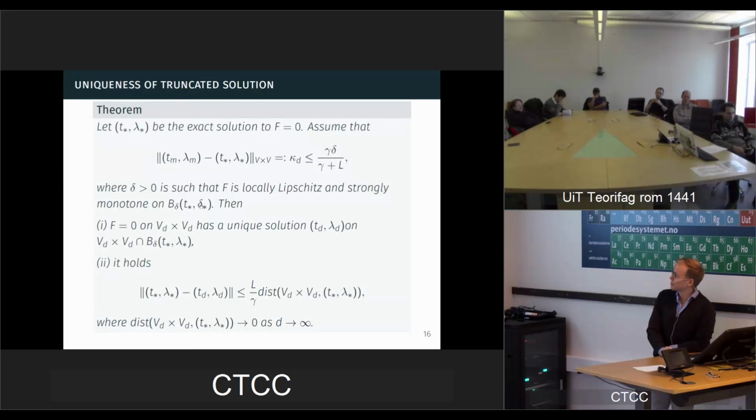Oh, sorry, here's a misprint. There should be a lambda. I apologize for that. It's T star, lambda star.